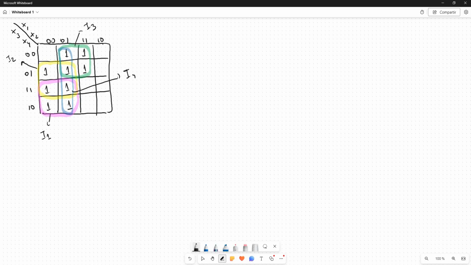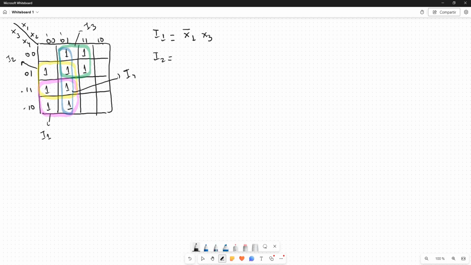Now we do the translation between the allowed group of ones and the product term. So implicant 1 is here, the variables that don't change are x1 and s1 that is 0, so it's going to be s1 negated, and in the rows is x3 that is 1, so it's going to appear not negated.